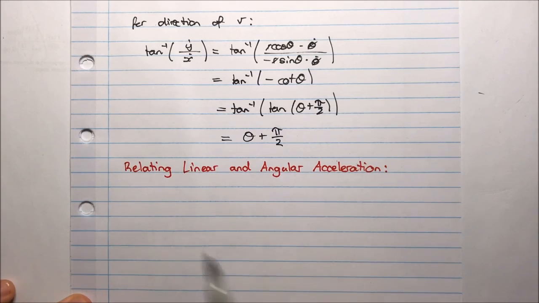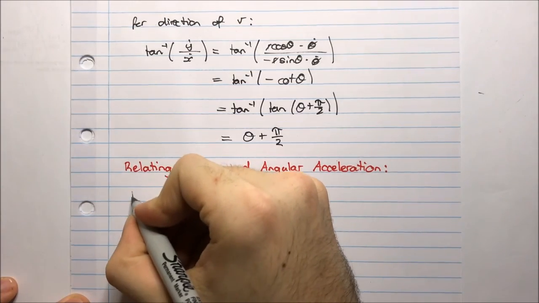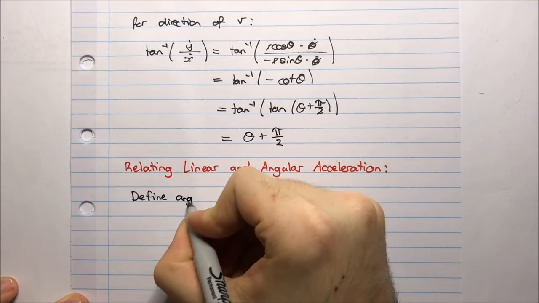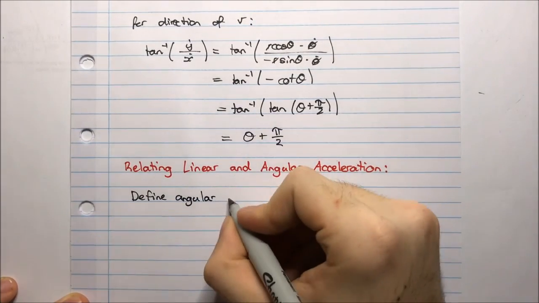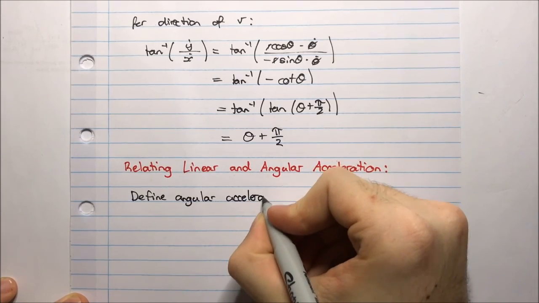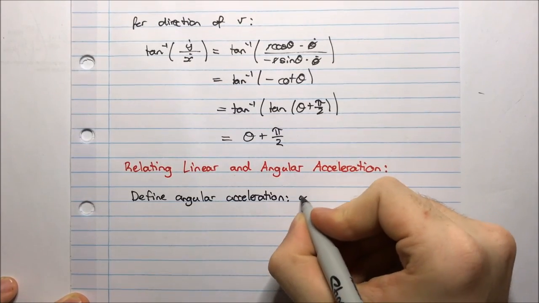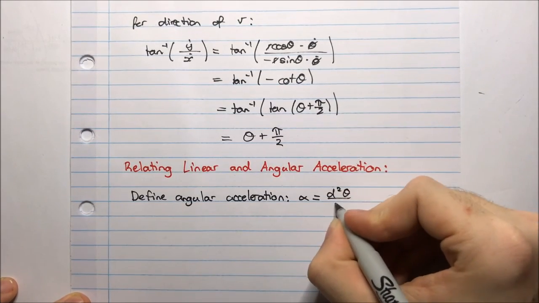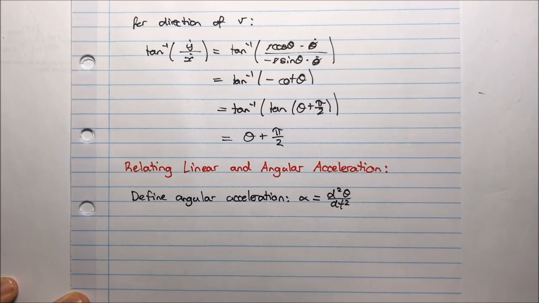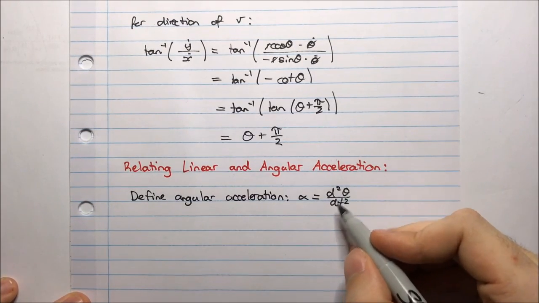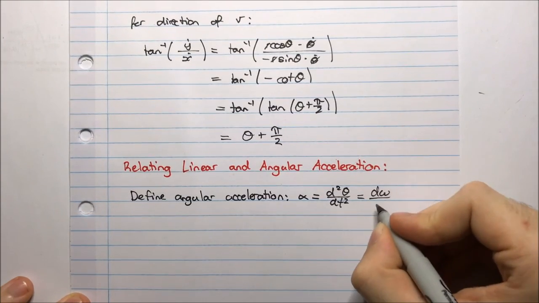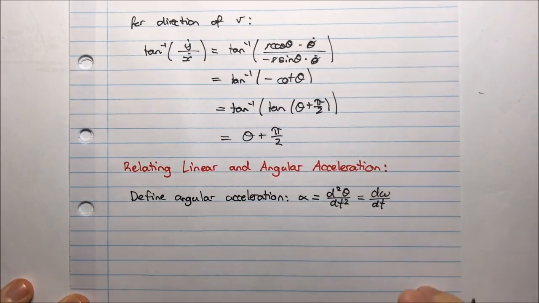Alright, so now to relate the linear and angular accelerations. So again, I will need to define what I mean by an angular acceleration. So an angular acceleration, I will define it as alpha, which is equal to the second derivative of angular displacement with respect to time, so d2 theta on dt squared, which is also equal to the first derivative of the angular velocity with respect to time.